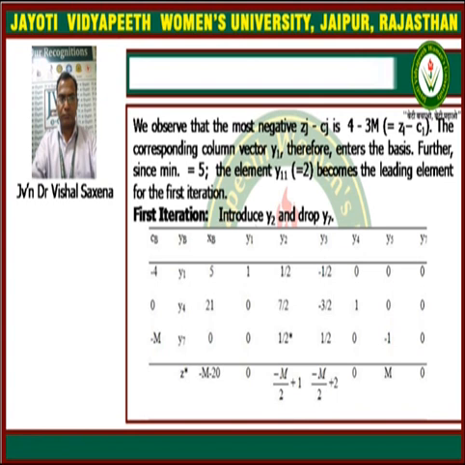That is for the variable y2, and it means y2 will be the incoming variable, and corresponding to this the minimum ratio, which is given by xBr upon yrj, is for the variable y7, and 1/2 is the key element, and y7 is the outgoing vector. So y7 will be the outgoing vector, and it will be replaced by the y2 vector.